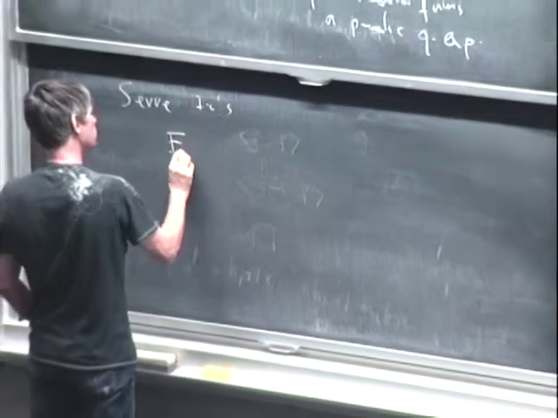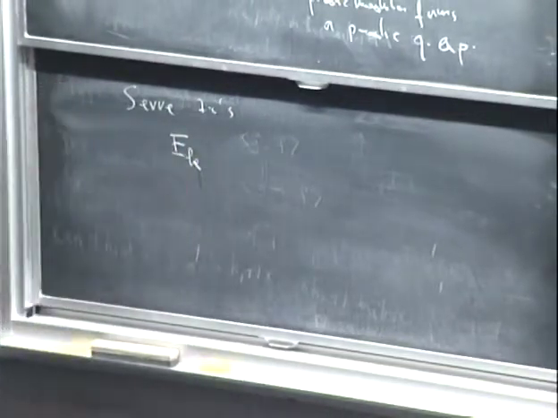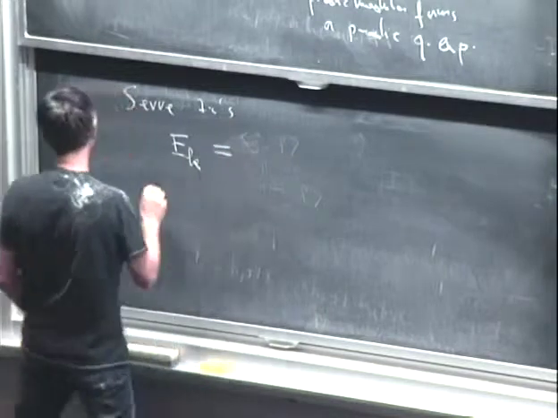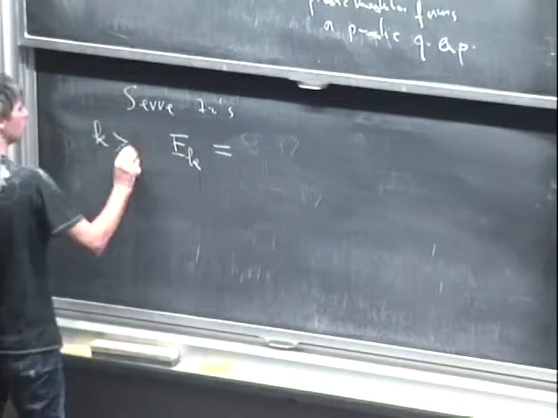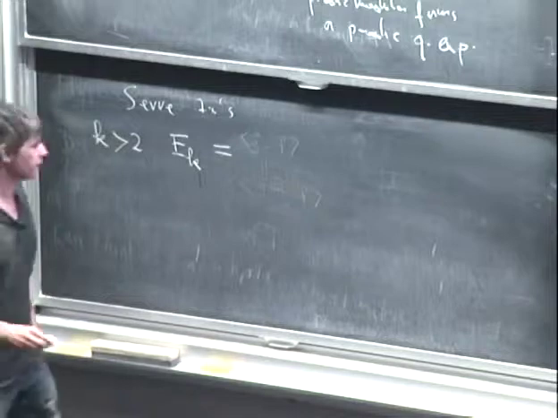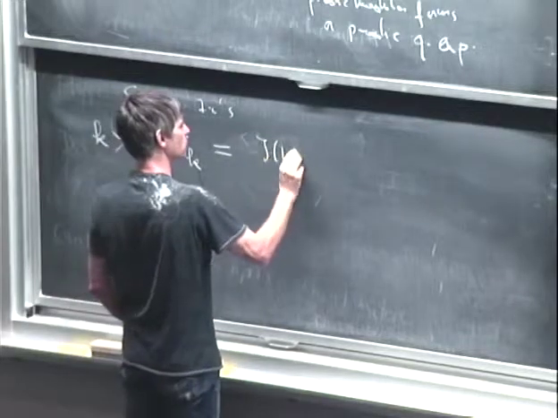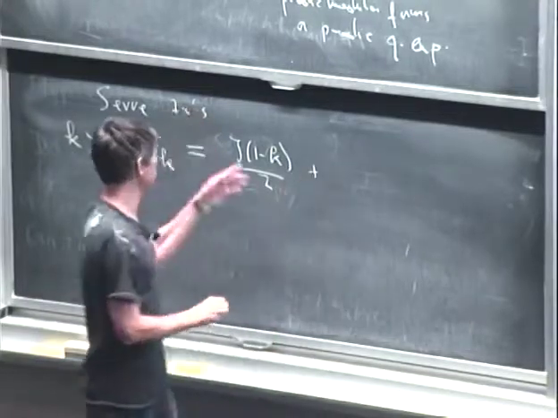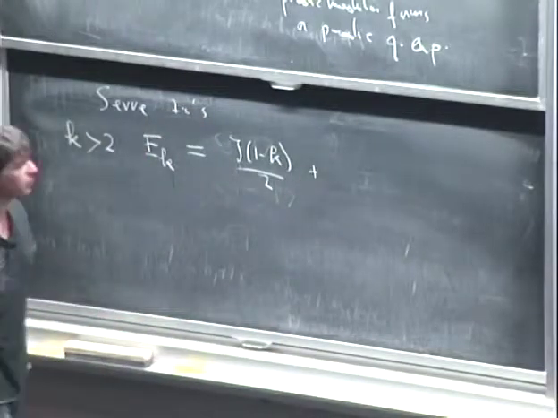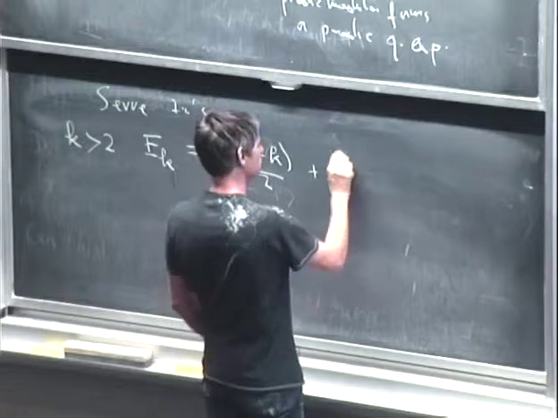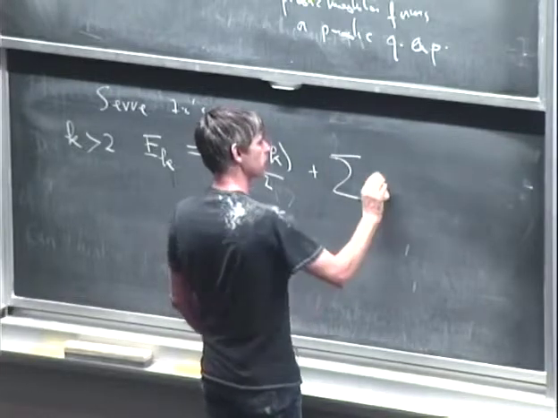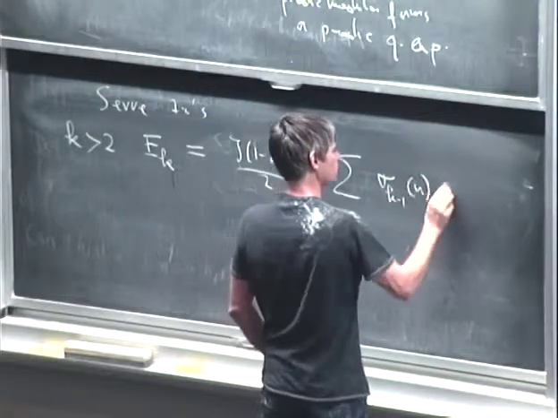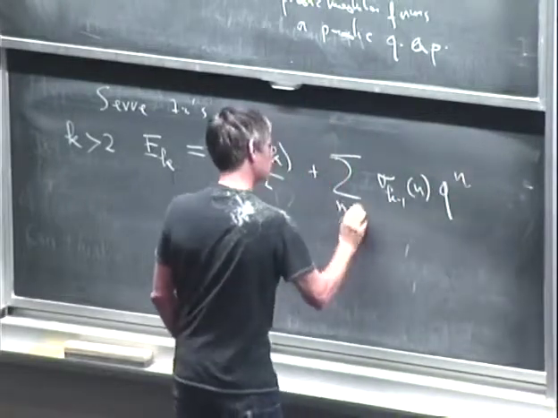So if you consider an even integer k, you know that there is an Eisenstein series of weight k, for k greater than 2, such that the Q expansion is given by, the constant term is a Riemann zeta function evaluated at 1 minus k, and the Fourier coefficients are given by sigma k minus 1 of n, Q^n, n equals 1 to infinity.